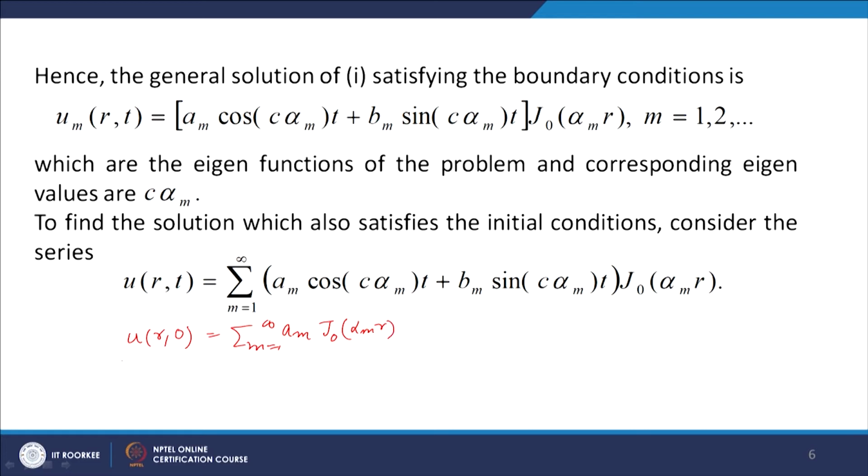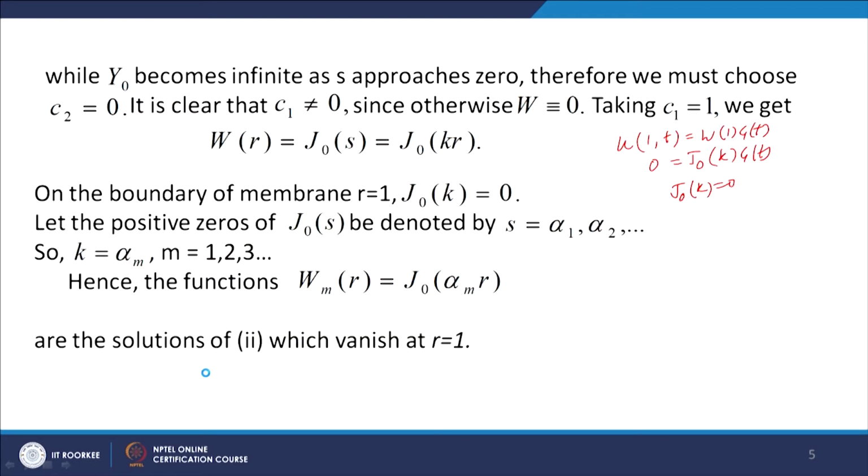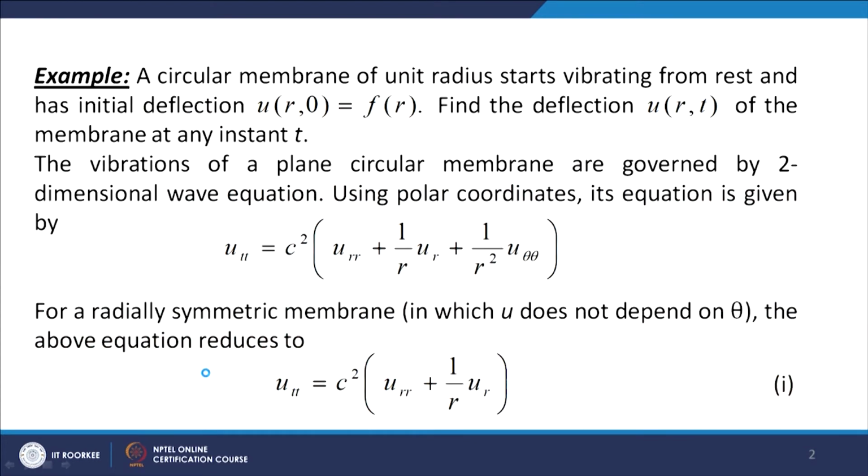Then we multiply both sides with r times J0(alpha n r), and then integrate with respect to r over the interval 0 to 1. Okay, U(r,0) is given to be equal to f(r).